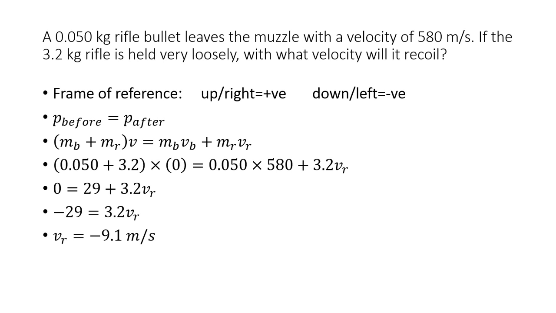And then calculate the momentum of the rifle: 3.2 times negative 9.1. You should notice that they are the exact same numerical value. It's just one is positive and one is negative. And the reason why is because their momentums have to cancel each other out in order to be equal to the momentum that we had before the gun was fired. They have to cancel out to equal 0 because that's what our momentum was before the gun was fired.